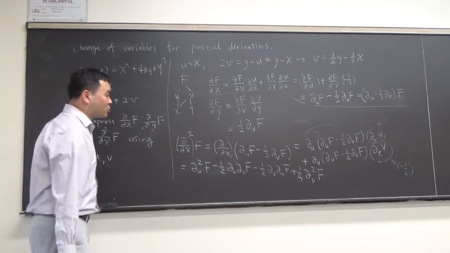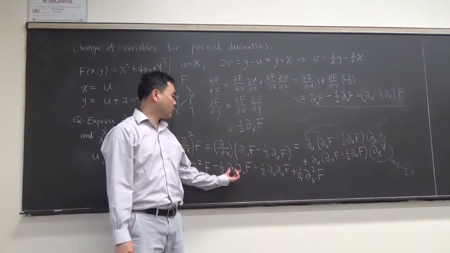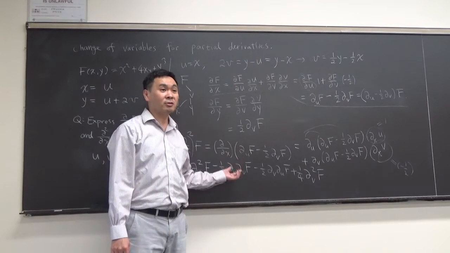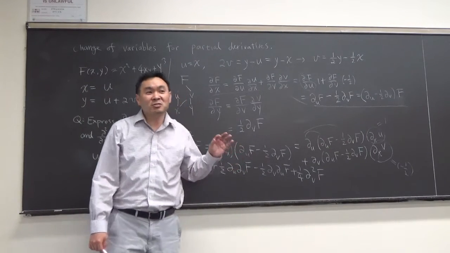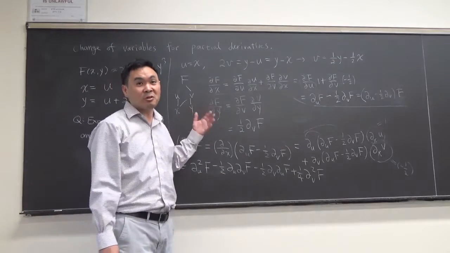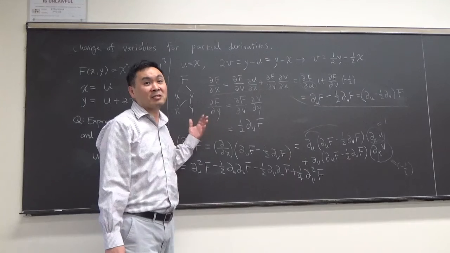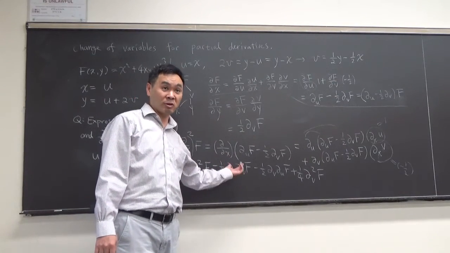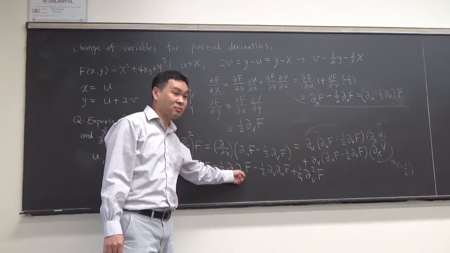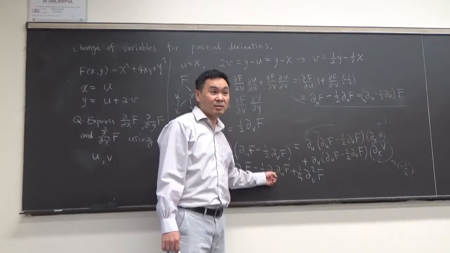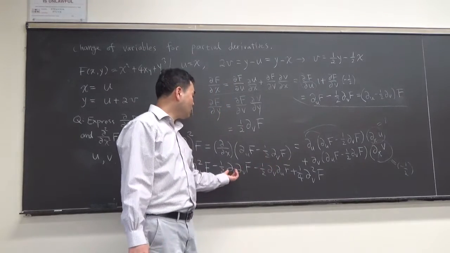And then we can do one more simplification here. Did you know that second partials commute? Not always, there's some condition for it, but we're going to assume that f is differentiable many times, and in that case you can switch derivatives. Okay, so whether you differentiate by v first and then u, or by u first and then v, it's the same thing. So we switch one of them.